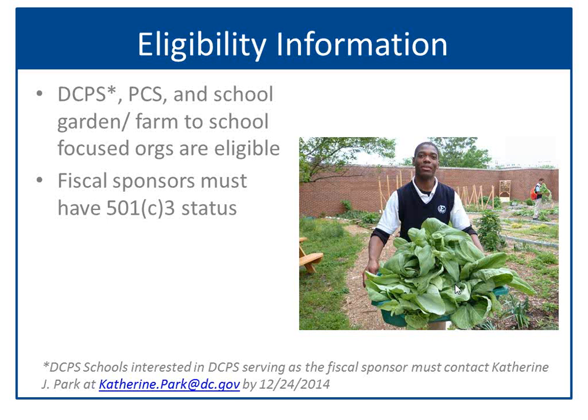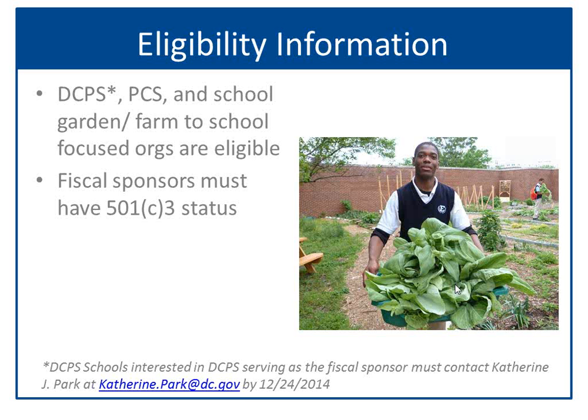This applies mostly to organizations. They must have a fiscal sponsor. They must have 501c3 status so that we can make reimbursement payments to them. And then just a side note, and this is a new thing from last year, a lot of DCPS schools have a hard time identifying a fiscal sponsor because their school does not have, say, a PTO or PTA with 501c3 status that can serve as the fiscal sponsor.